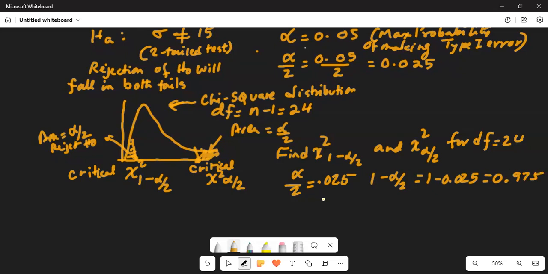So I have to find chi-square 0.975, the area to the right of the critical chi-square, and chi-square 0.025, for df equal to 24. Now the question is, how will I achieve that?